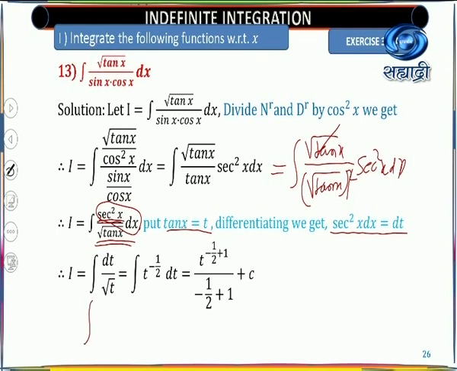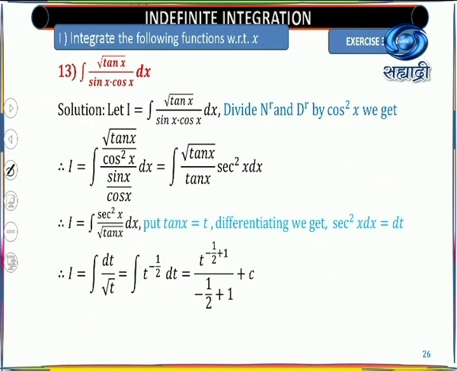So dt upon t raised to half, and it goes to the numerator, so it becomes t raised to minus half. Again we are using our formula for x raised to n: you have to add 1 and divide by that number. So you will get t raised to minus half plus 1 upon minus half plus 1, plus constant of integration.